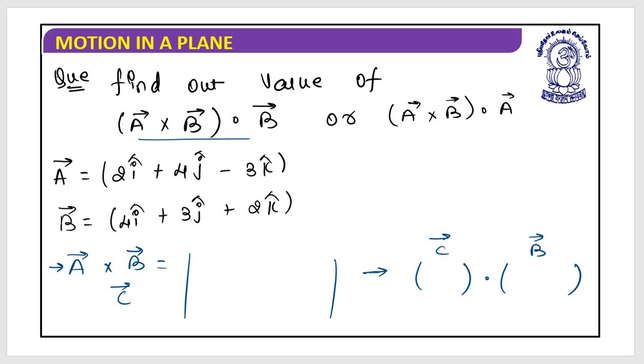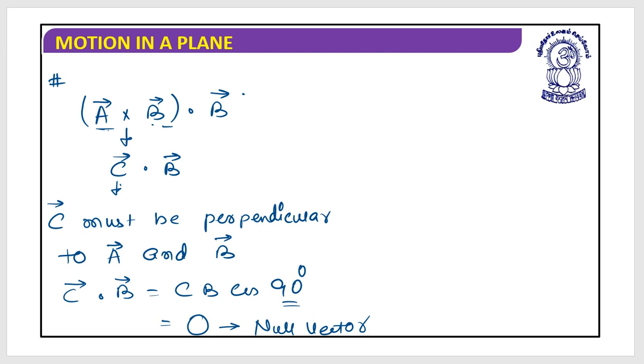That is not required at all, because you can simply know that if I perform A cross B, the answer, whatever it could be, must be perpendicular to both A and B. And if it is perpendicular to both, then I must know that if I perform the dot product of C with B, it would be CB cos 90, and that would be 0. Yes, the same is the case with B as well.